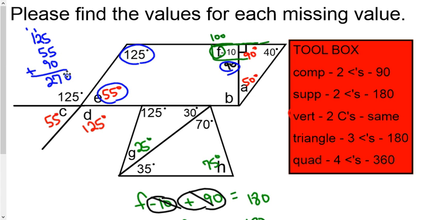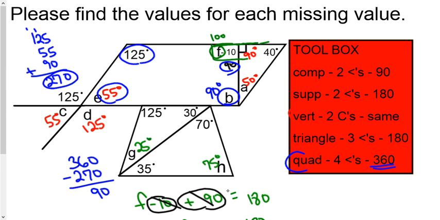It looks like I've got 270. So all three of these blue circled angles in this quadrilateral add up to 270, and now we need to find out what the last one is. Because it's a quadrilateral, there's 360 degrees. We'll minus the sum of the known three angles, which is 270, and we find out pretty quickly that B is 90 degrees.